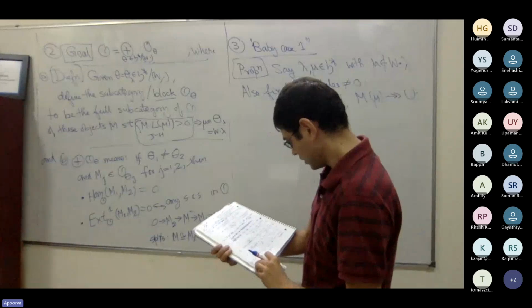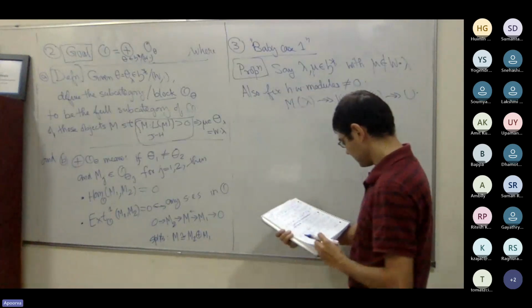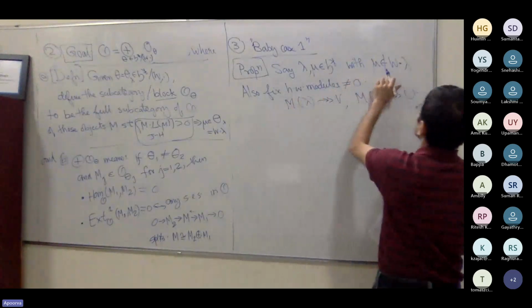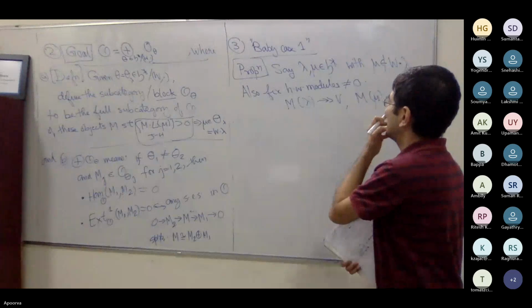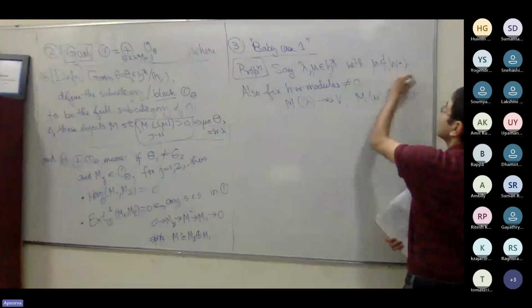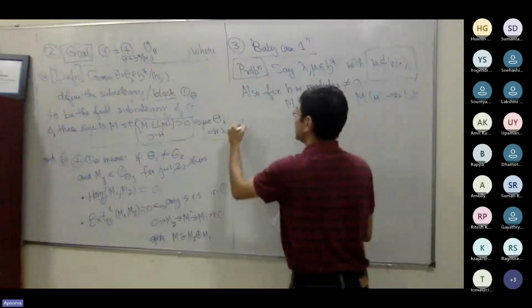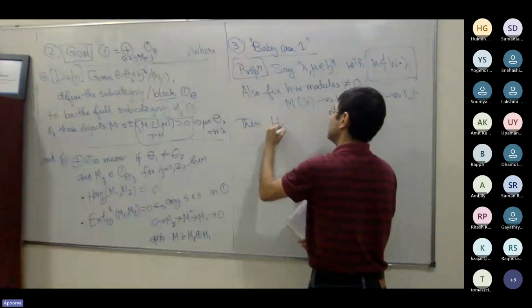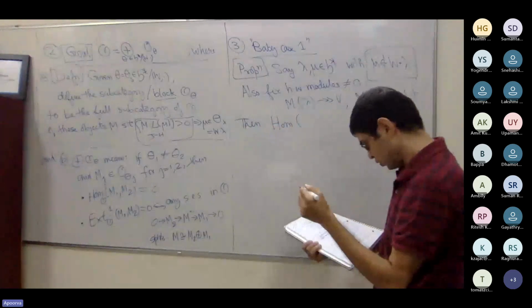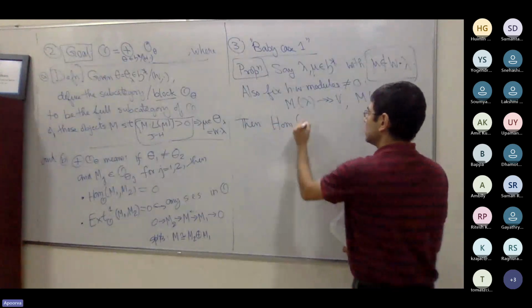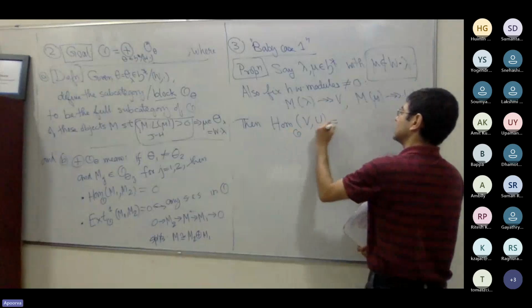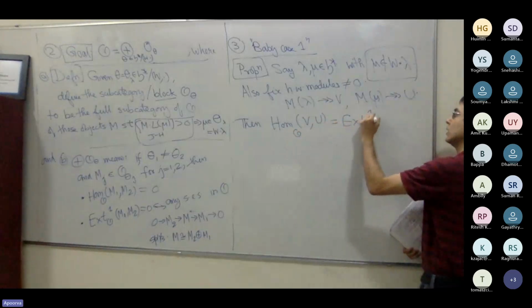Take a weight. Then, because these two are different orbits, then am I doing VU or UV? VU equals X U.